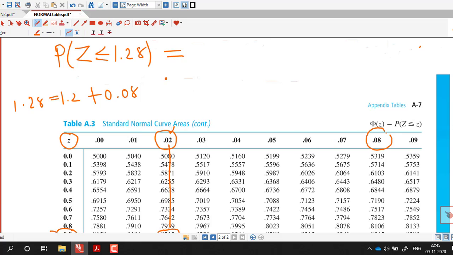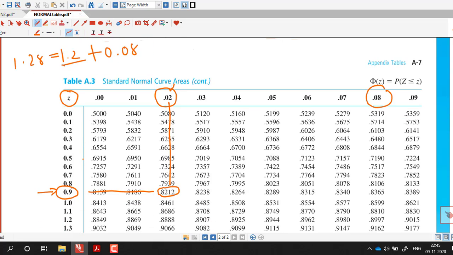So we have to consider 0.08 here, and in this column we have to go up to 1.2.